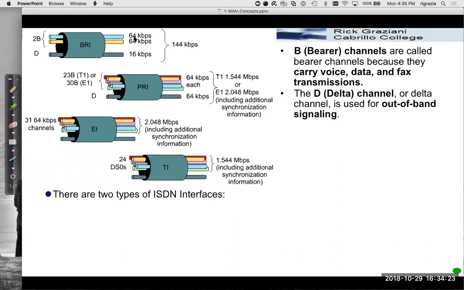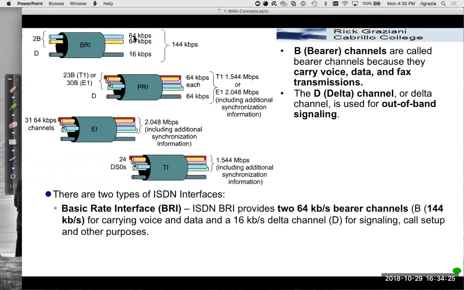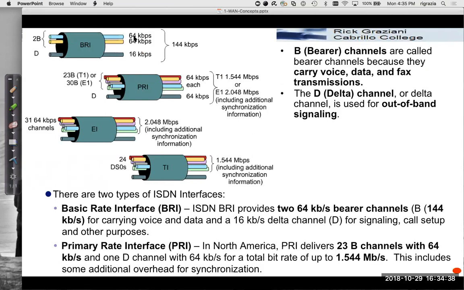I mentioned there were two types of ISDN interfaces: BRI, basic rate interface, which gave you about 128K bps, 128,000 bits per second of data, and primary rate interface, which was almost a T1 line, almost 1.544 megabits per second.